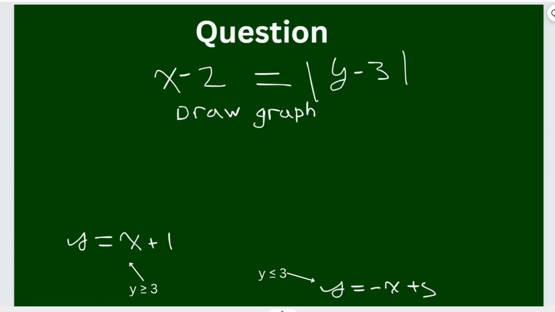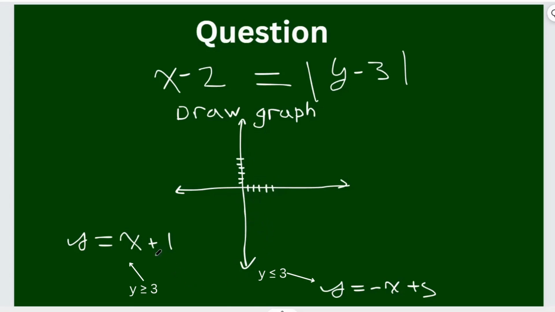So let me draw a coordinate plane right over here. Like this. You can draw little points here just so that your graph could be a little bit more accurate. I'm also going to do it because I can't draw very accurately.